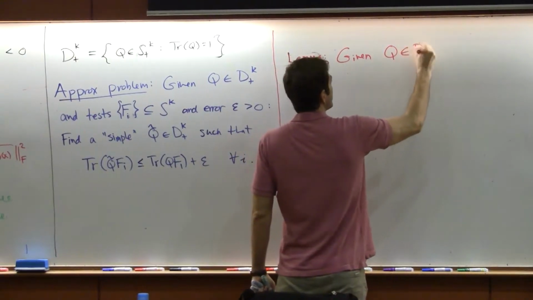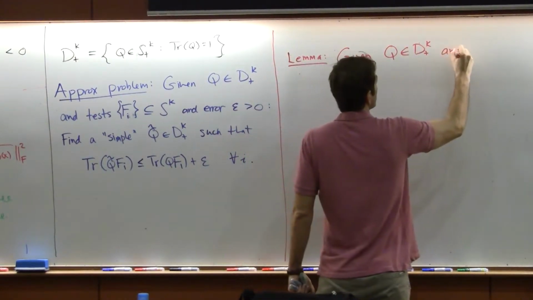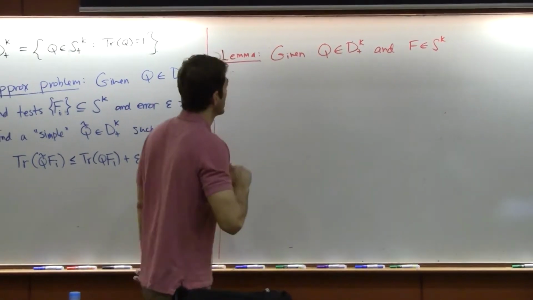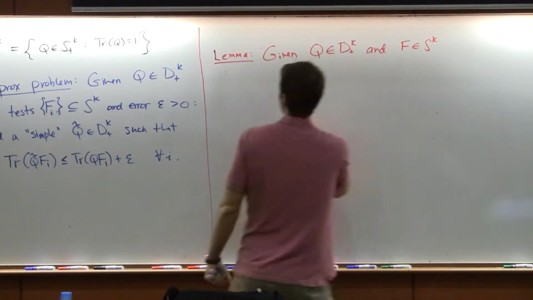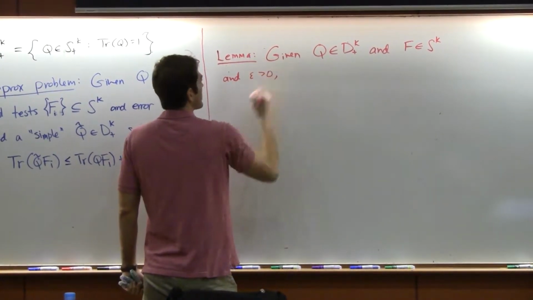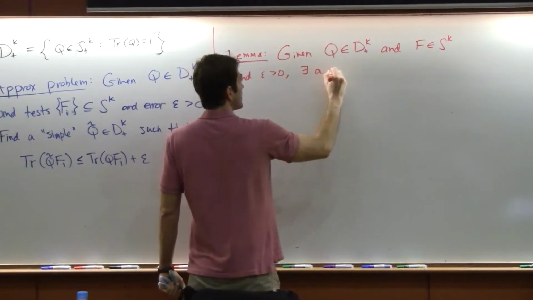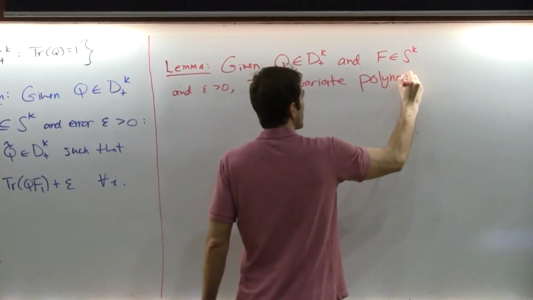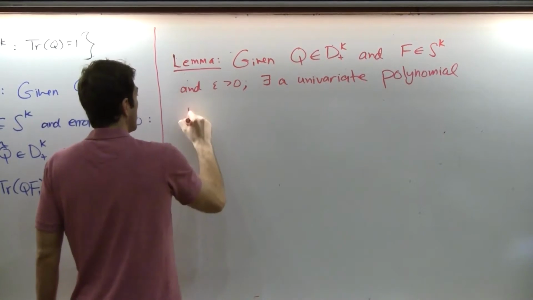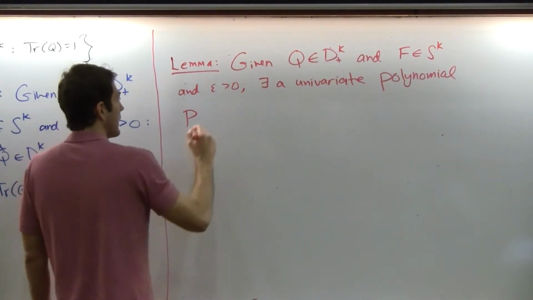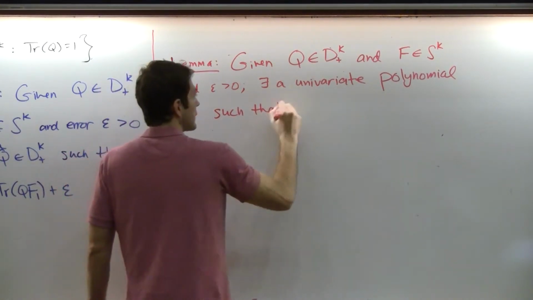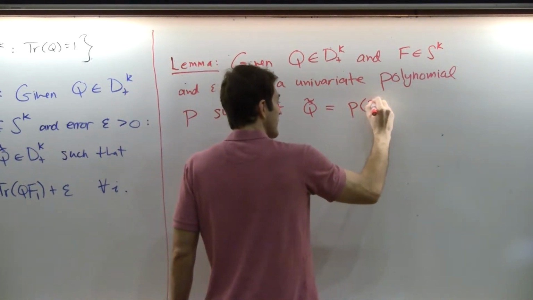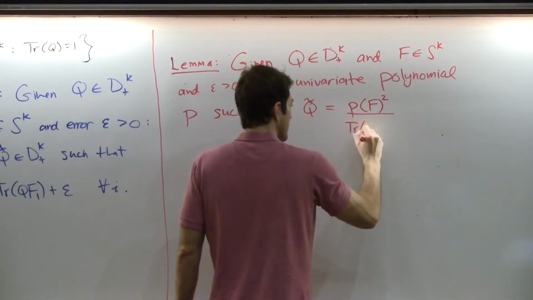Given, again, a density Q and a test F, which is just a symmetric matrix, and also our error parameter epsilon, there exists a univariate polynomial P such that, here's going to be our approximator: P of the test squared, divided by the trace.